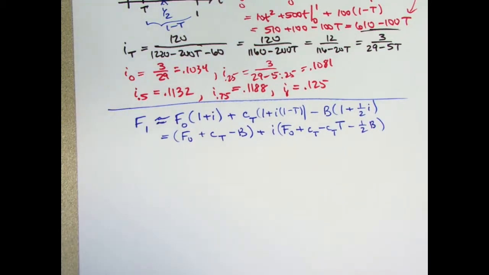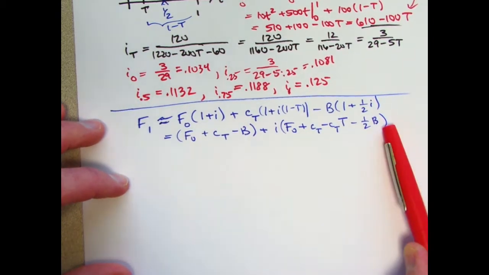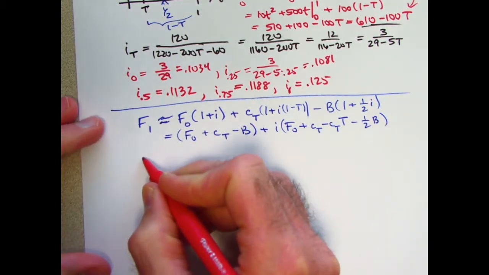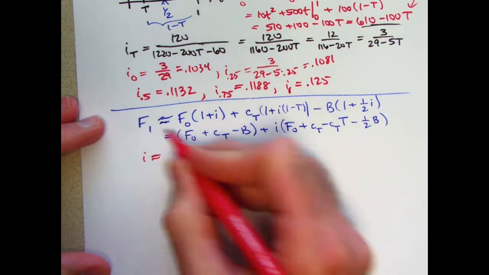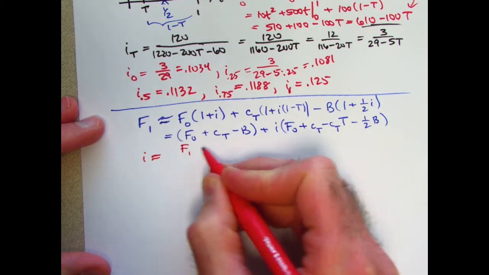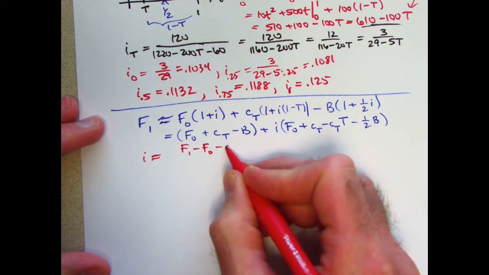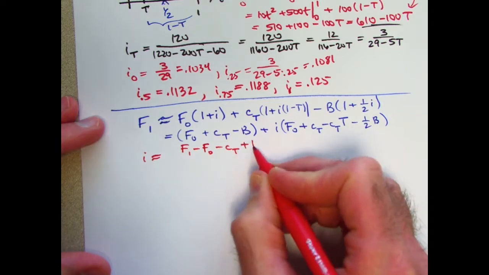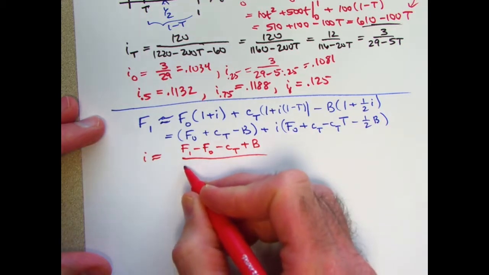All right, now I can solve this equation for little i. Just subtract this from both sides and then divide both sides by that. So I could write an equation, you might say an approximate equation, for little i, as F1 minus F0 minus CT plus B, all divided by this thing here.